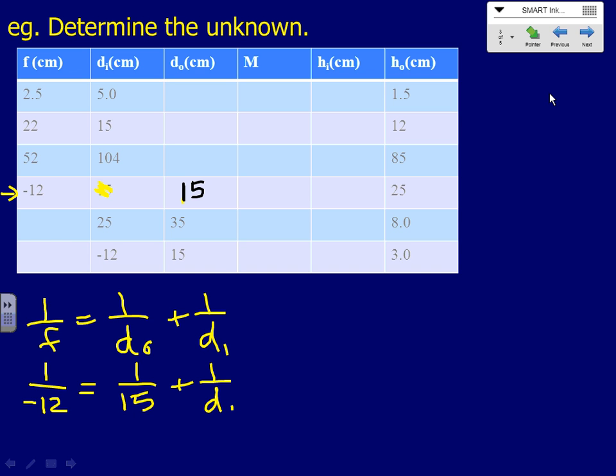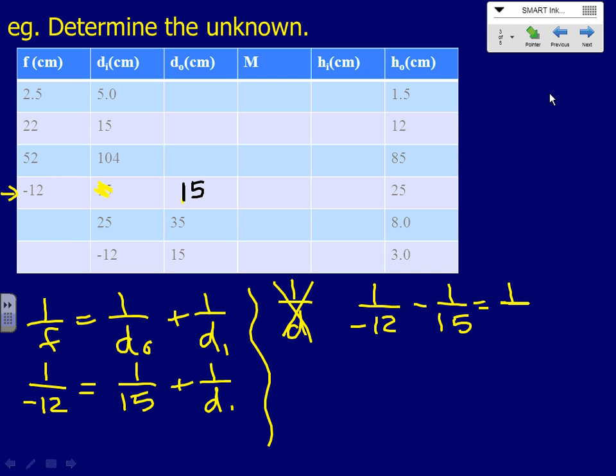Again, you'll notice the first step is always bringing that other one to the other side, right? 1 over negative 12 minus 1 over 15 equals 1 over di, and I'm hoping we can go straight to the di. Negative 12, invert. Because we're starting with the negative here. The focus was negative.